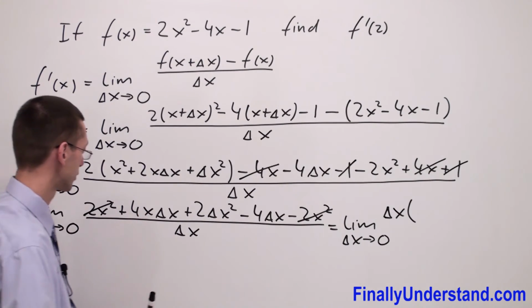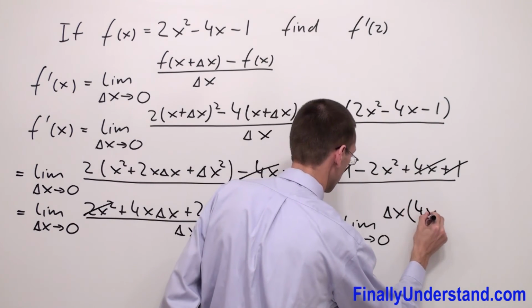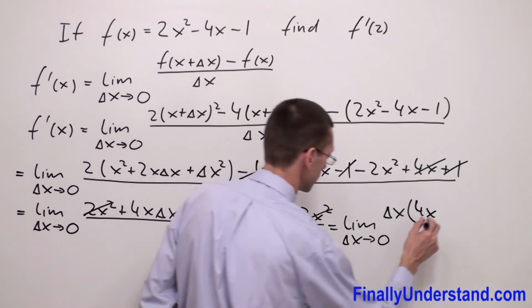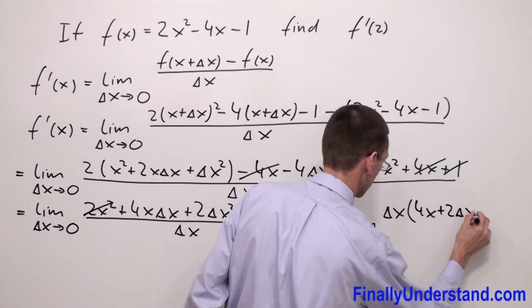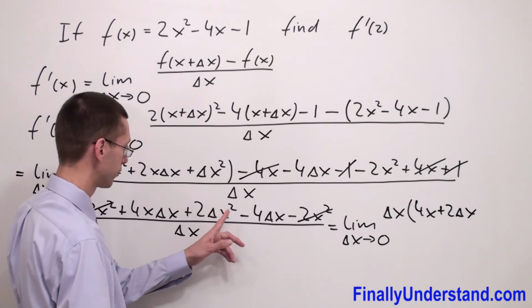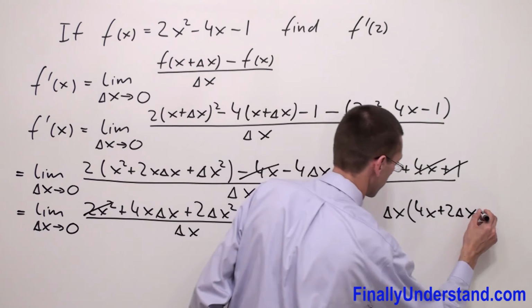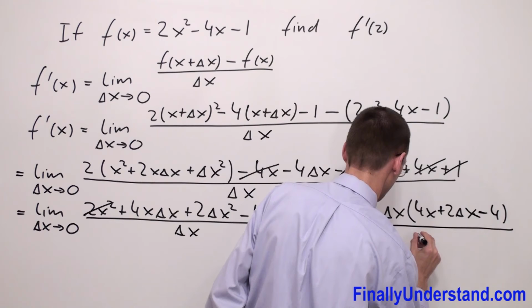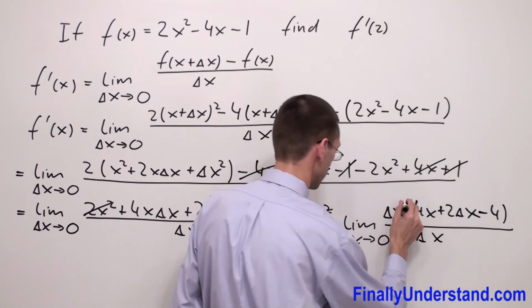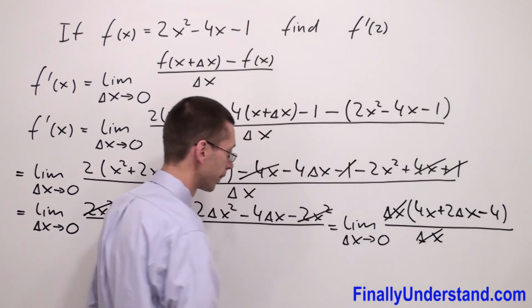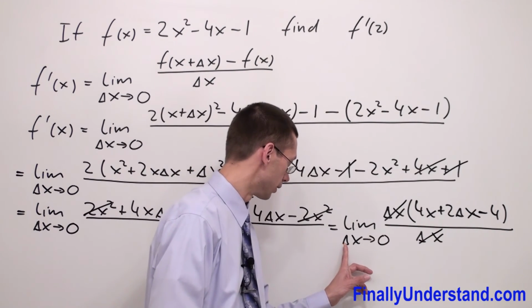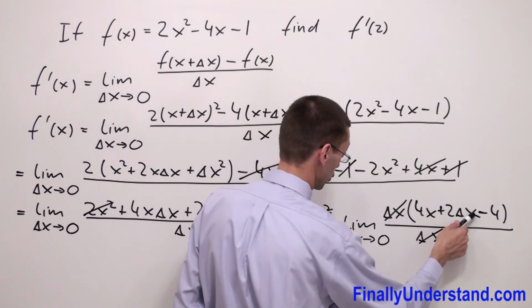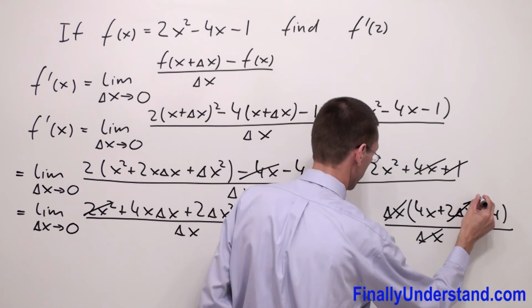I have 4x, and I have 2 delta x, and I have minus 4, over delta x. Delta x and delta x will cancel out, and don't forget that delta x approaches 0, so this delta x is going to also approach 0.